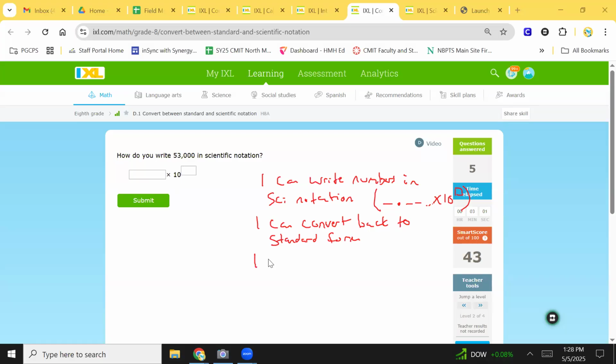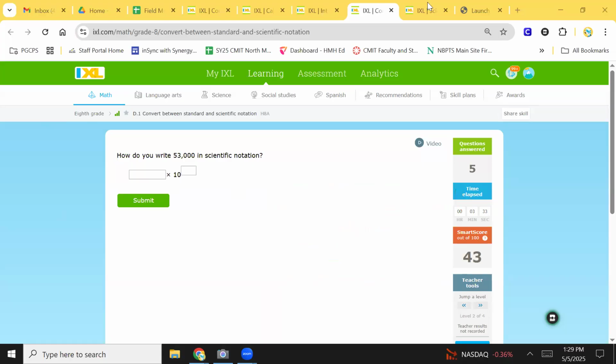So I can write numbers greater than 1 in scientific notation and less than 1 in scientific notation. I'm getting a little bit lazy with the success criteria here, but these are the 3 things you have to do. If you can do all 3 of those, then you're good.